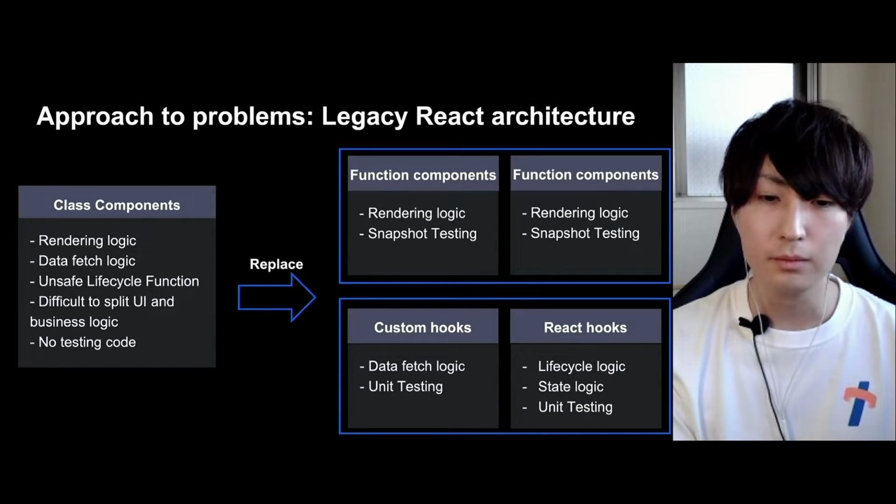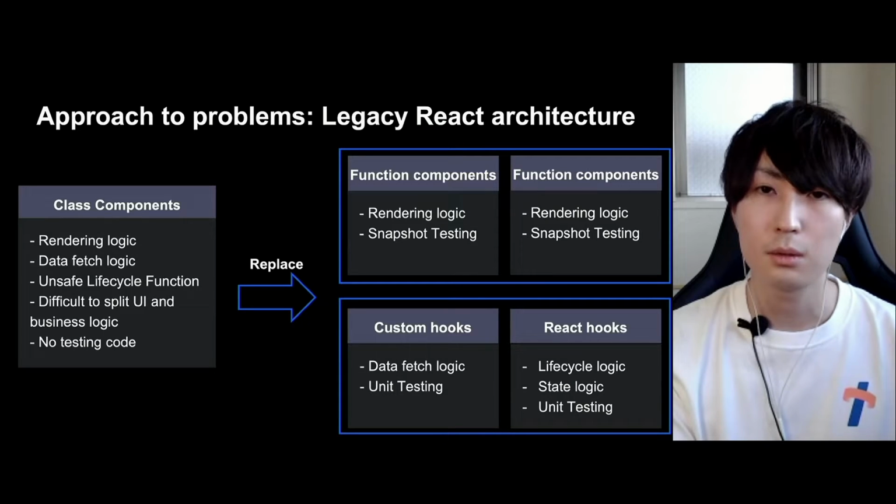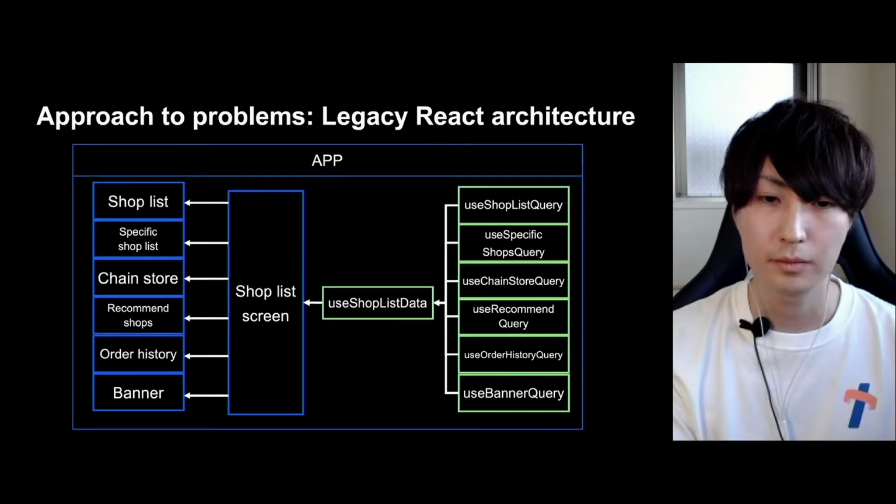Unit tests of the functions are implemented. By dividing the components in this way and using hooks to isolate the logic, the dependencies of each component were reduced and a more testable implementation was achieved. In other words, we are now able to improve quality by writing test code where there used to be no tests.